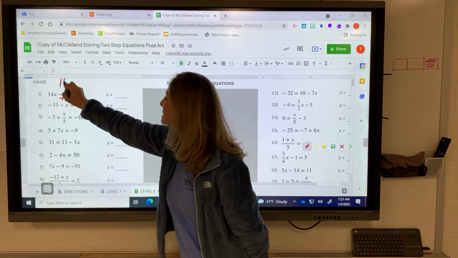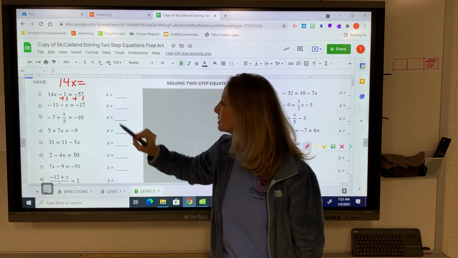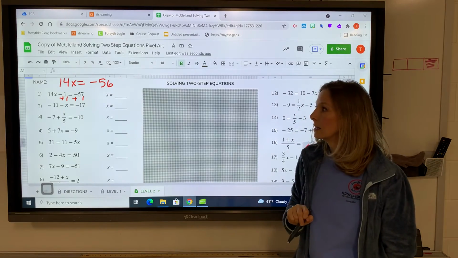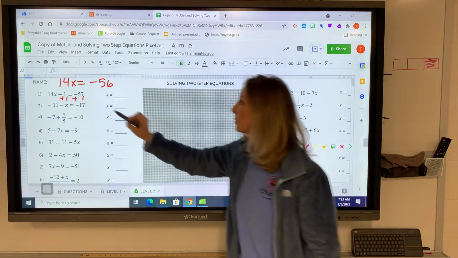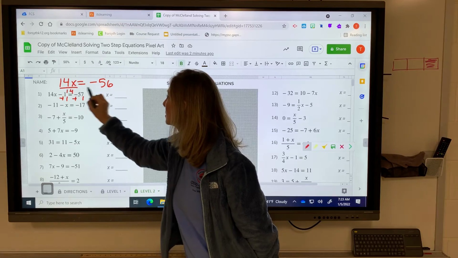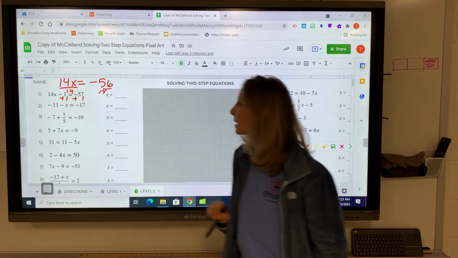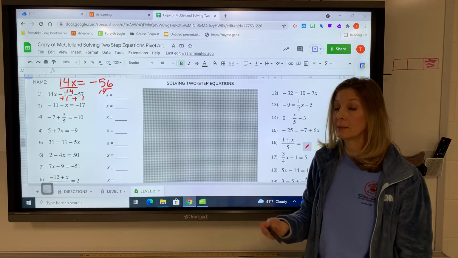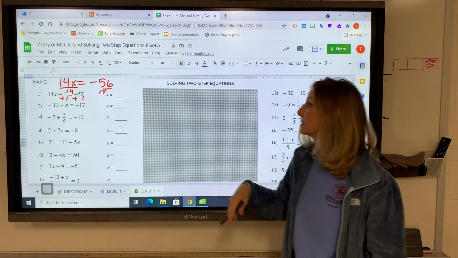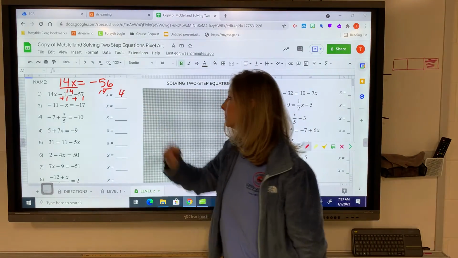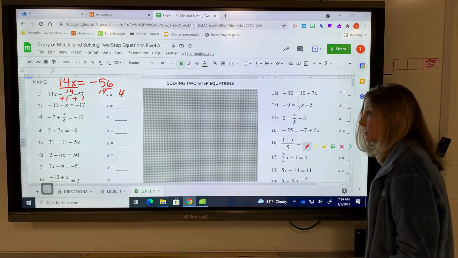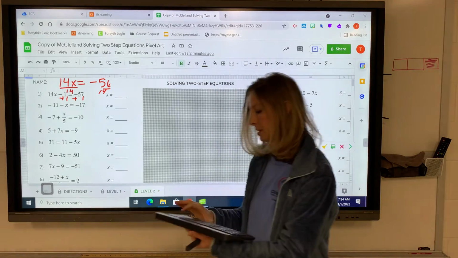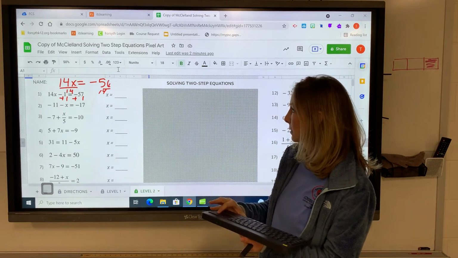So I have 14x equals negative 56. I am going to divide both sides by 14. And negative 56 divided by a positive 14, obviously my answer is going to be a positive. Let's see, I get 4. Okay, what you're actually going to do though, of course, is you're going to be typing in that 4.